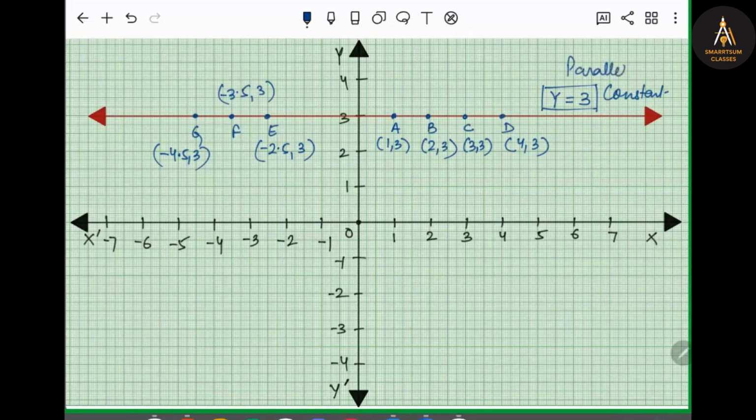So when we say y is equal to 3, that will be a line at y is equal to 3 parallel to x-axis. It means that all the points lying on this line, the value of y always remains constant. Is that clear?